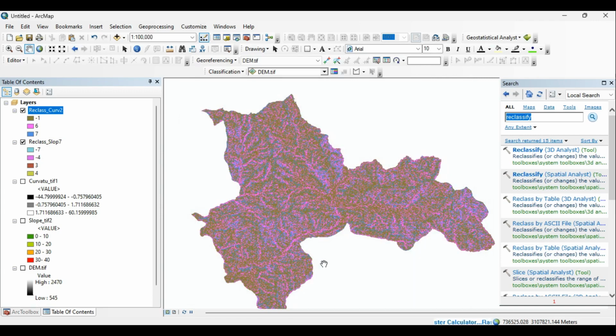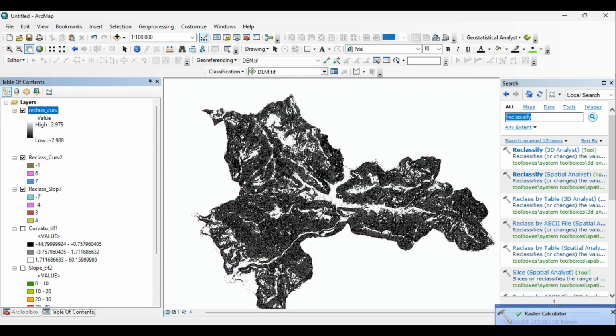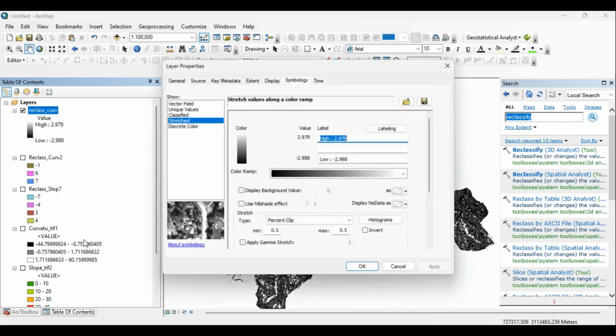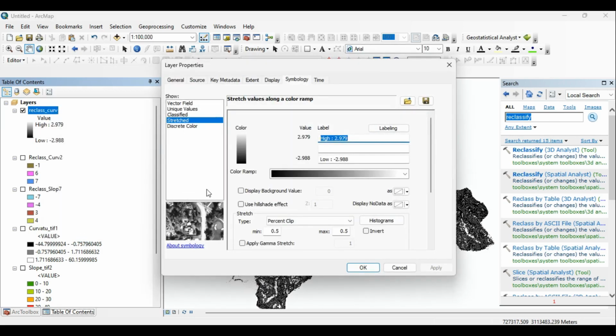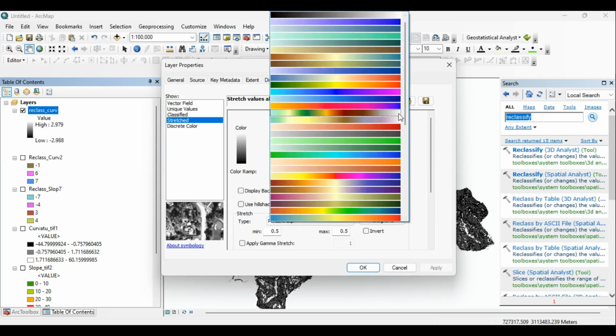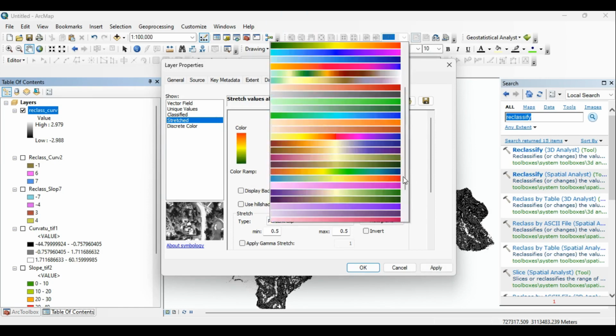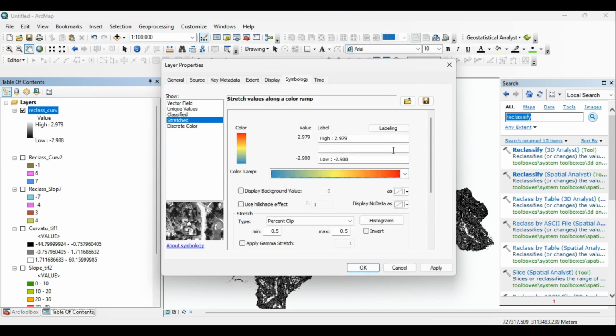Okay, this is the final map. Here the white portion shows no probability for landslide, and the dark portion shows the higher probability for landslide.